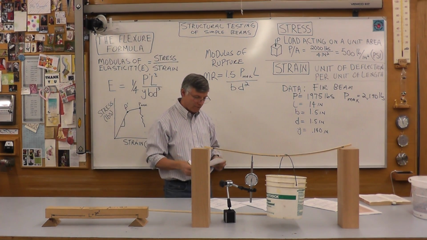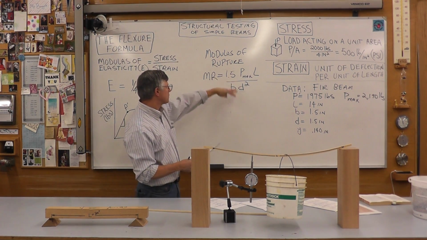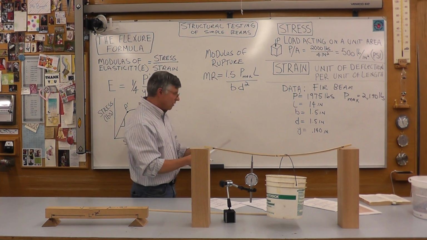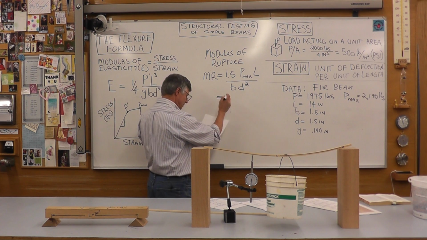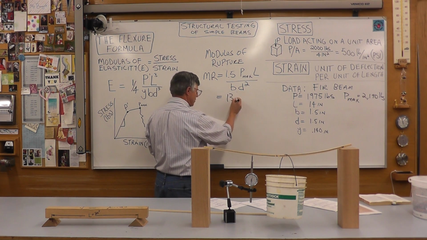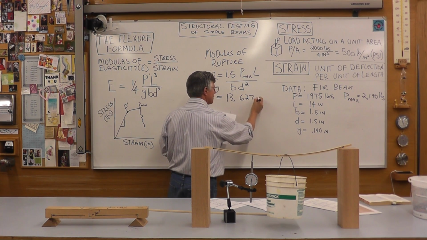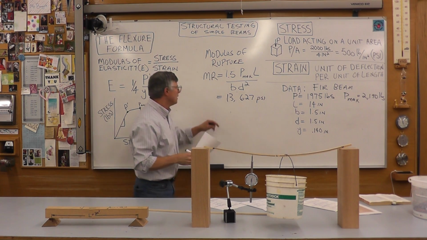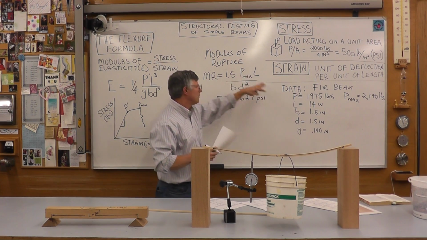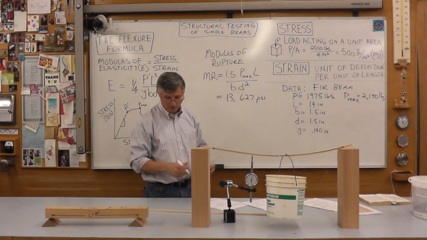If you want to calculate the modulus of rupture, you're going to go through this math again, and it comes out to 13,627 psi.